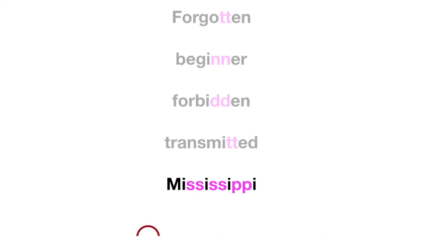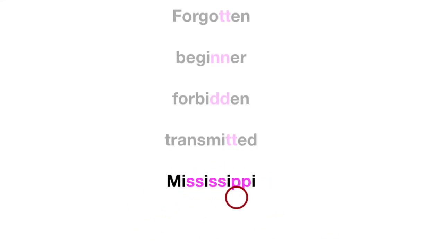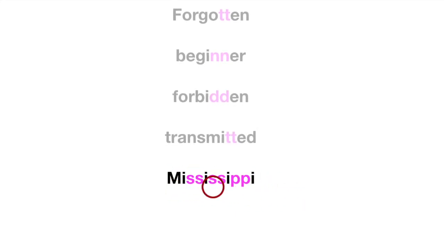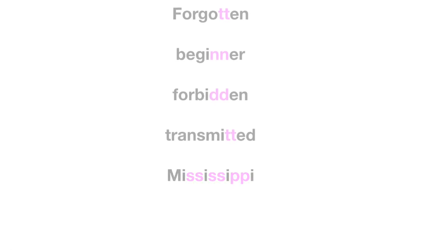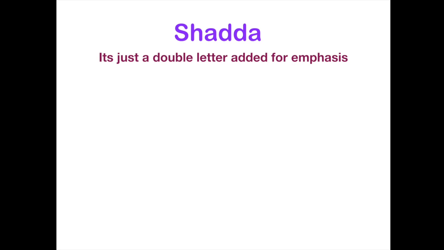And here I chose one with lots of them in it: "Mississippi." So we have lots of doubles here. And we have here "Tennessee," the only ten I see.